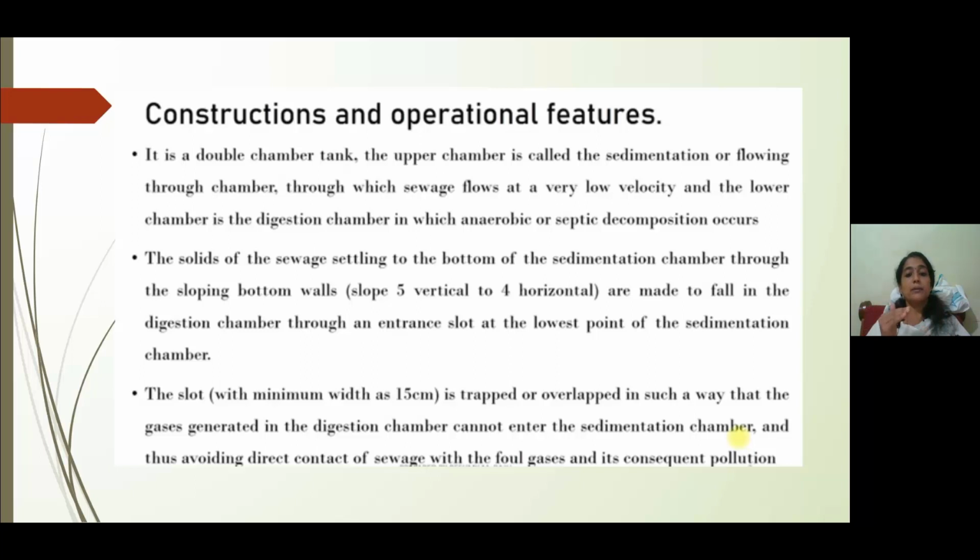The slot, with a minimum width of 15 centimeters, is trapped or overlapped in such a way that the gases generated in the digestion chamber cannot enter the sedimentation chamber, thus avoiding direct contact of the sewage with foul gases and consequent pollution.